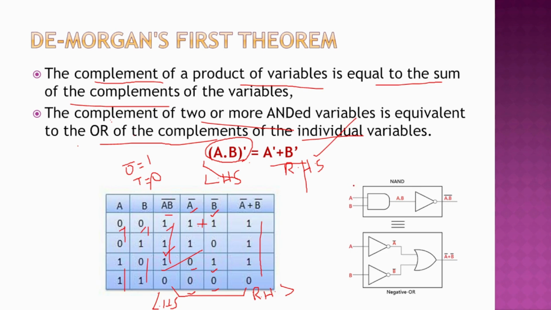This is the logical diagram for this equation. First of all, you need to draw the diagram for A dot B. Then you need to draw the complement of A dot B. So A dot B is drawn by using the AND gate.